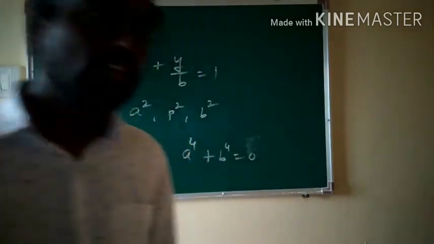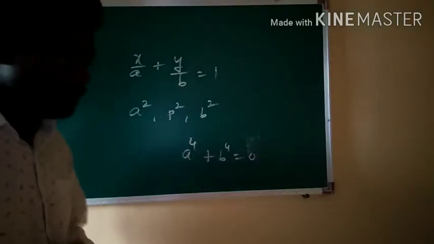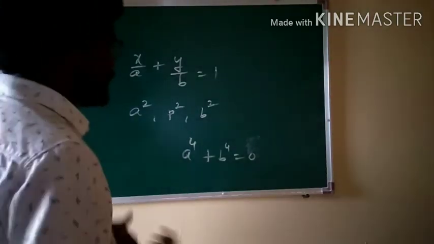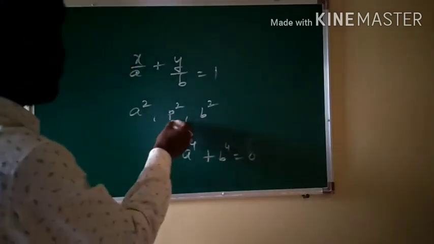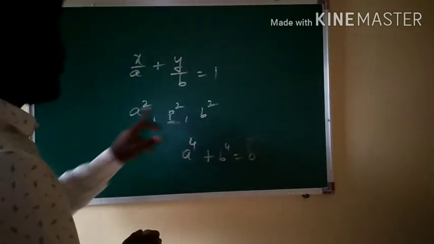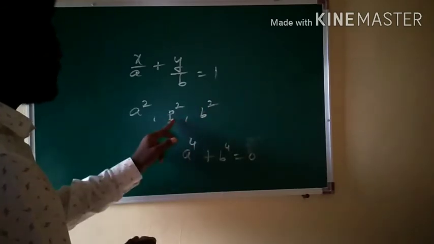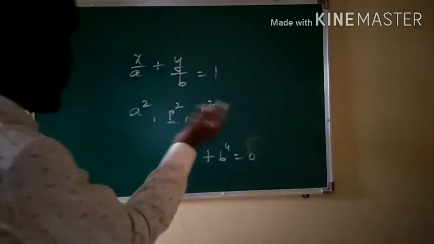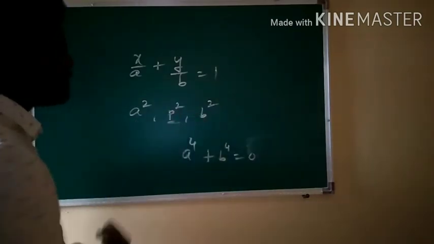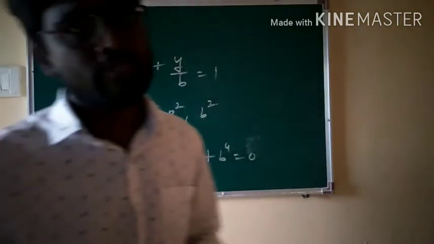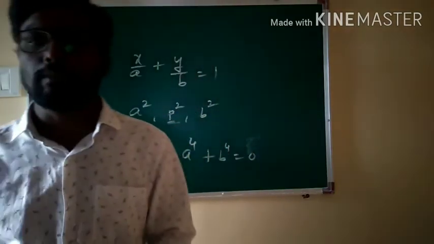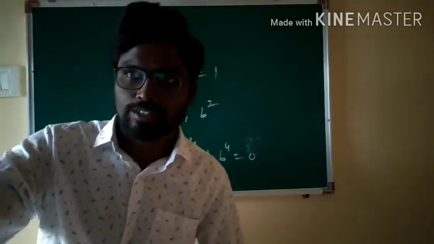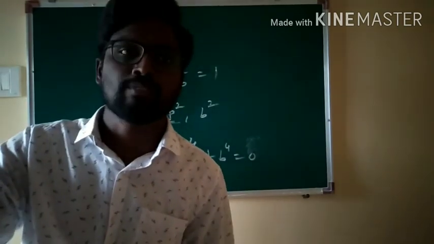What will you take when 3 terms are in AP? The required condition is 2b equal to a plus c, that is 2p square is equal to a square plus b square. Otherwise, p square is equal to a square plus b square by 2, any of the conditions. So wherever it is required to prove a power 4 plus b power 4 equal to 0, there you can apply the arithmetic progression condition so that you will obtain the required answer.